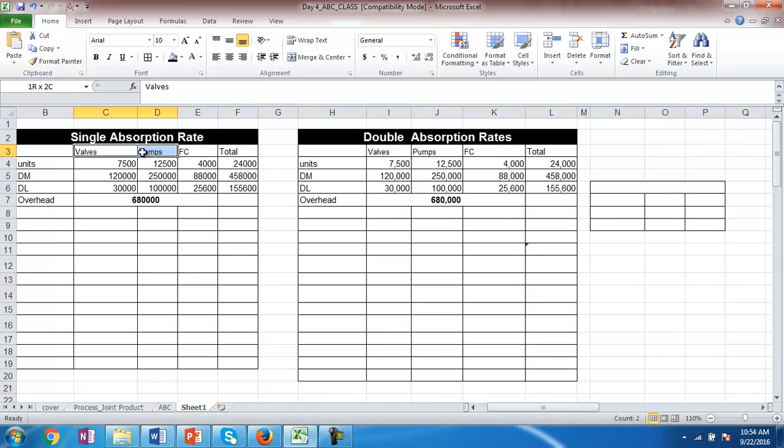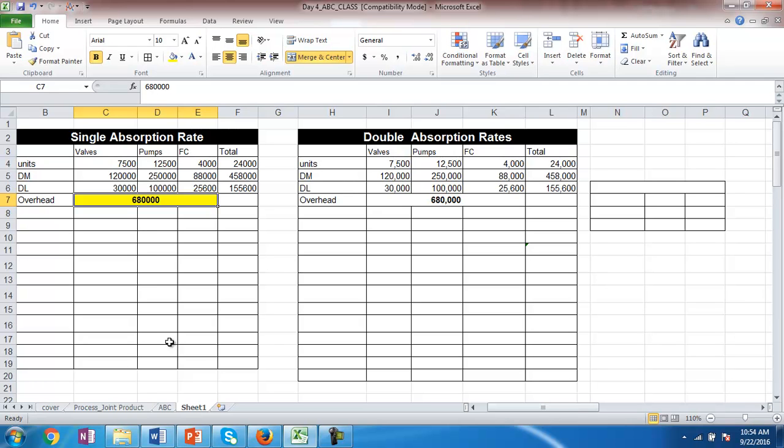Suppose this company produces 3 products called valves, pumps and flow controller, and the units are 7,500, 12,500 and 4,000 respectively. The direct material and the direct labors are given, and the overhead, which is common overhead, is 680,000.